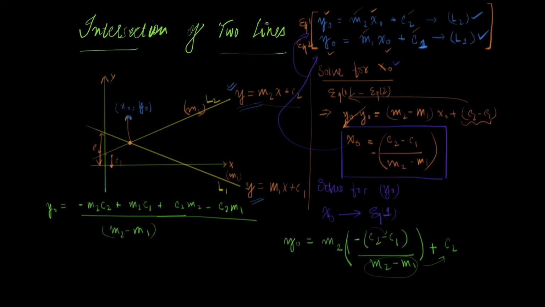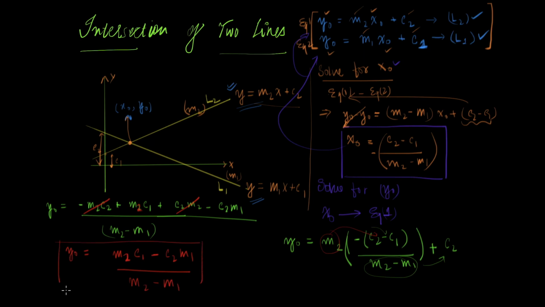It's easy to see that c2 m2 cancels out, and you're left with y sub 0 equals, this should be m2, because we multiplied m2 to c1, m2 times c1 minus c2 times m1, over m sub 2 minus m sub 1.